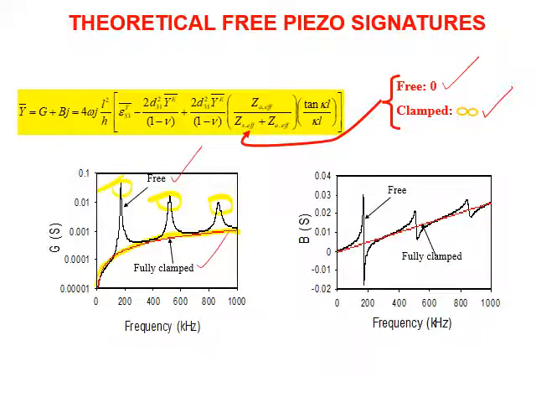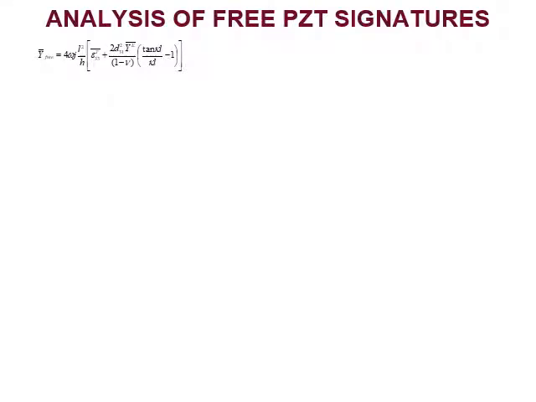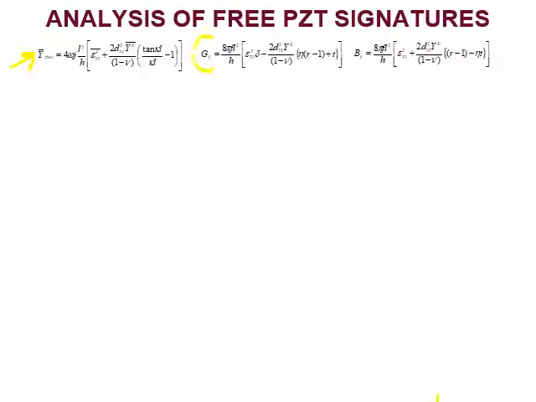So we'll do this experiment also. Now we do the analysis. First of all, we can write the simplified expression for the free PZT patch like this. We have the complex equation, and then we divide it into two real equations, one for part G and the other for part B. In the G part, we have the delta multiplied by epsilon, as we had said before.